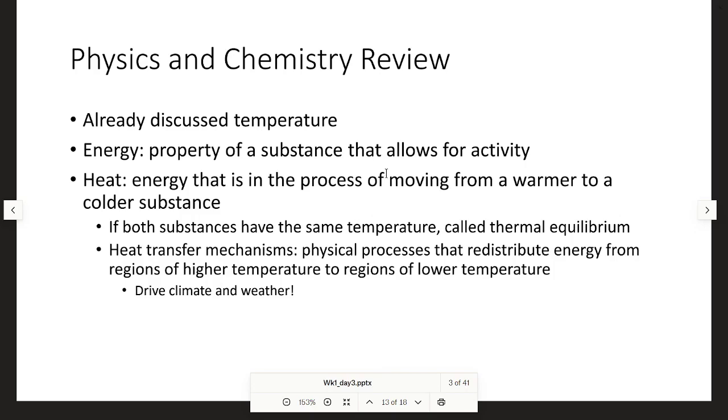The Earth and the universe in general hates being out of balance, so it will do anything in its power to restore equilibrium, and that's why we get thunderstorms. They're predominantly created by having two air masses at different temperatures run into each other, and the atmosphere wants to reach equilibrium, so it will create a storm.